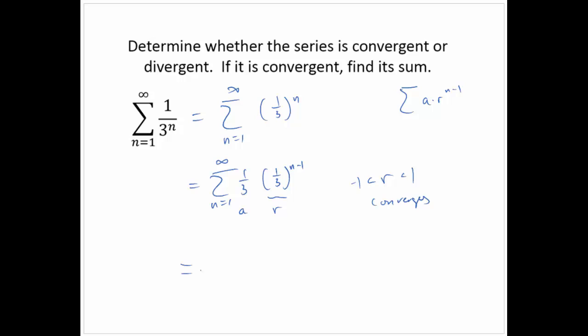And in fact, the series would be equal to 1/3 over 1 minus 1/3, where the numerator, that 1/3, is the a value, and the denominator, the 1/3, is the ratio. And so that would be 1/3 over 2/3, which is a half. And so the sum of the series is exactly 1/2.